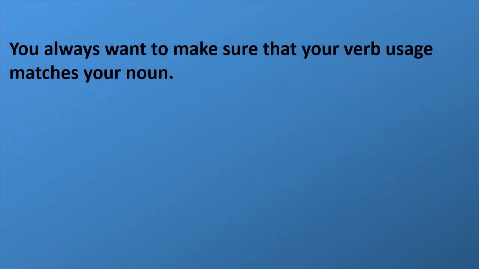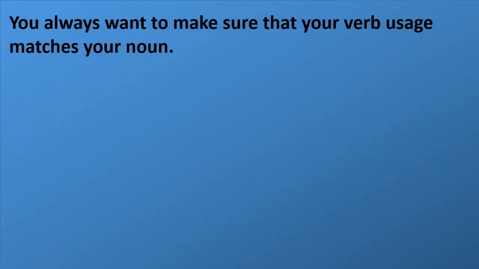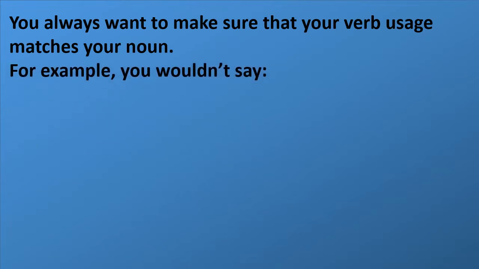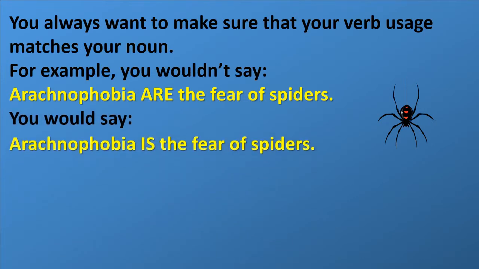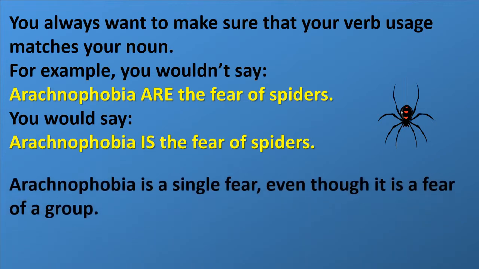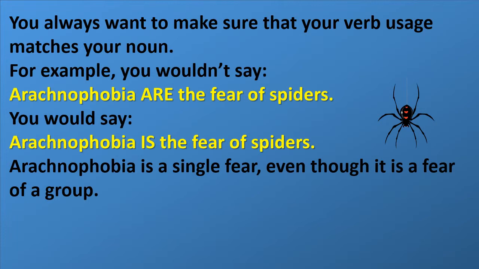You always want to make sure that your verb usage matches your noun. For example, you wouldn't say, arachnophobia are the fear of spiders. You would say, arachnophobia is the fear of spiders. Arachnophobia is a single fear, even though it is a fear of a group.